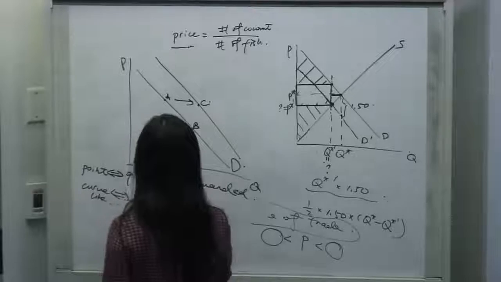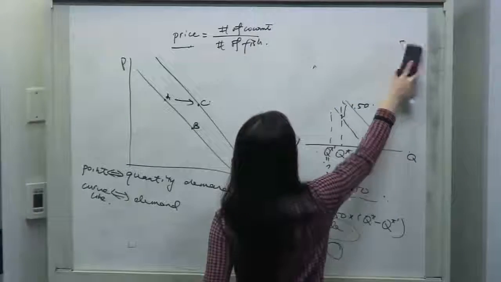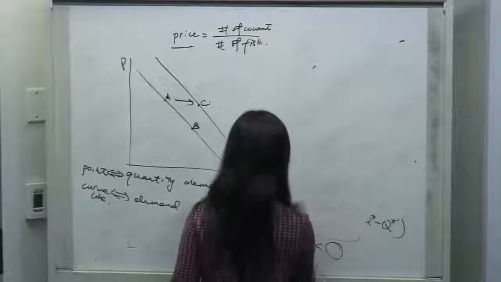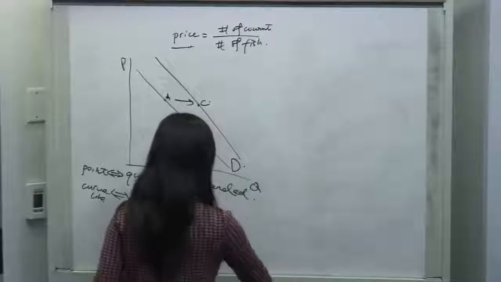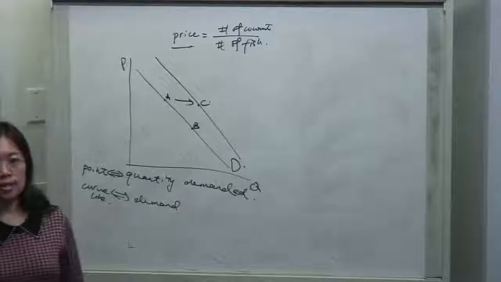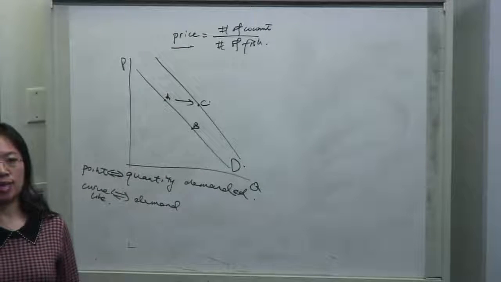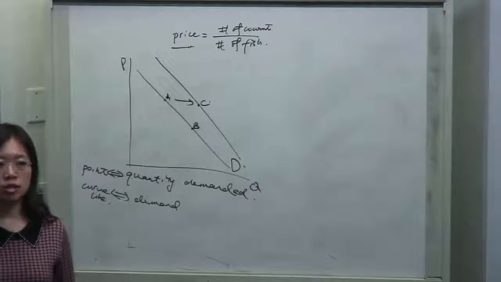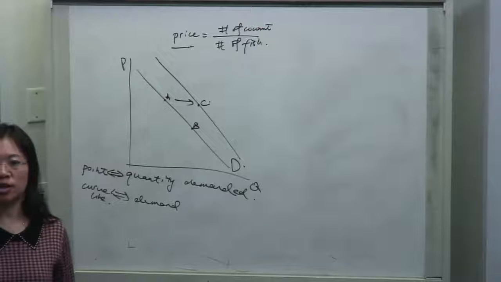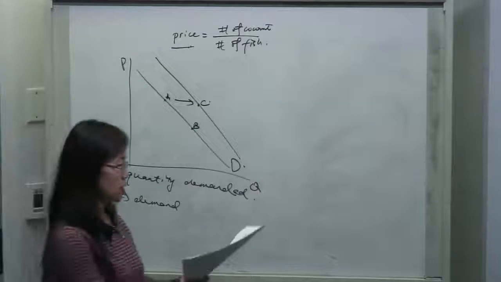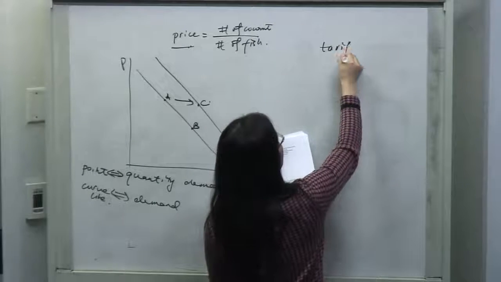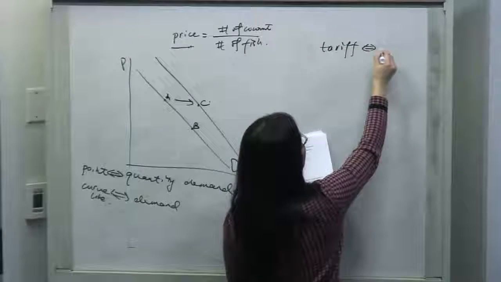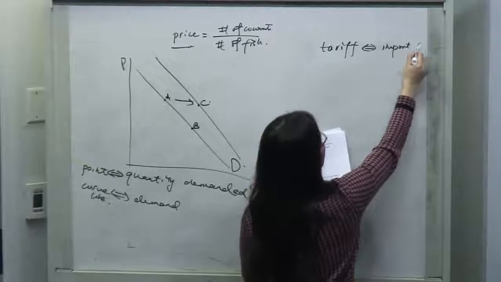I'm going to go over one more thing and then I'm done here. We have talked about tax, the impact of tax on consumer surplus, producer surplus, and the market and social welfare. One thing we have not talked about is tariff, which is, you can say, just an import fee.